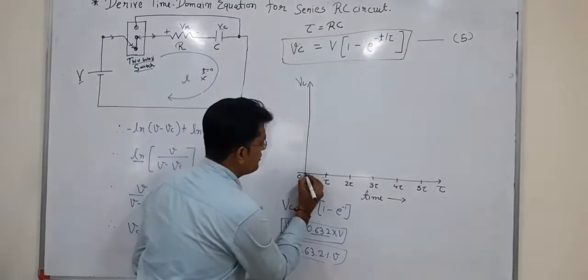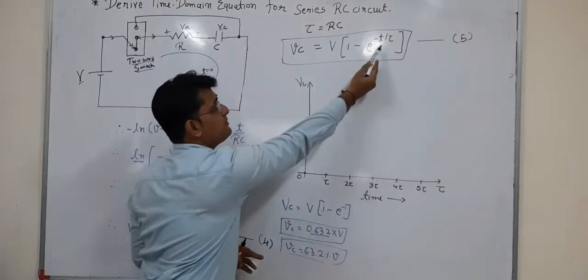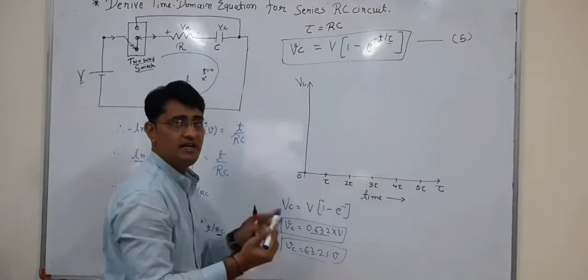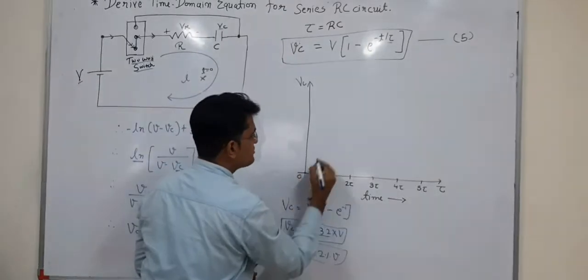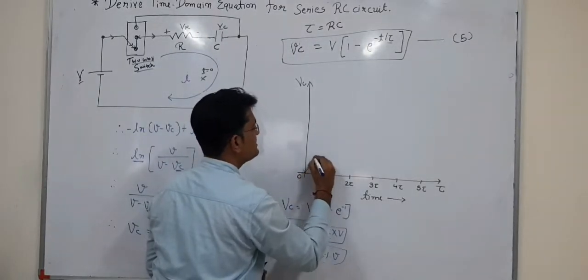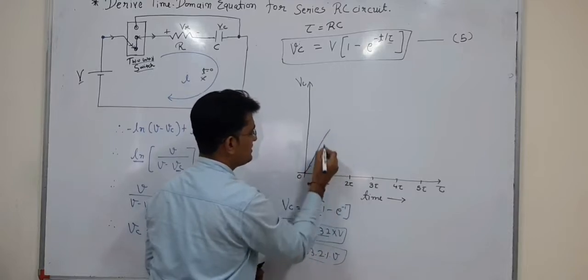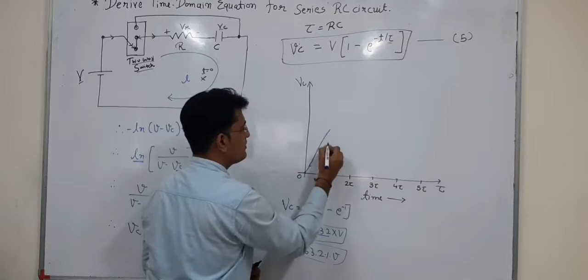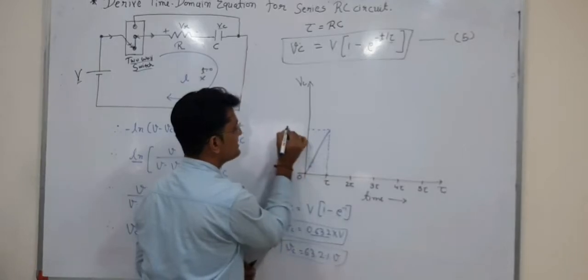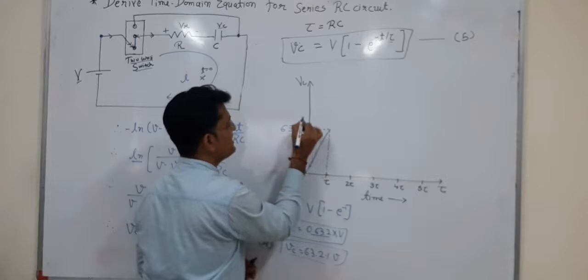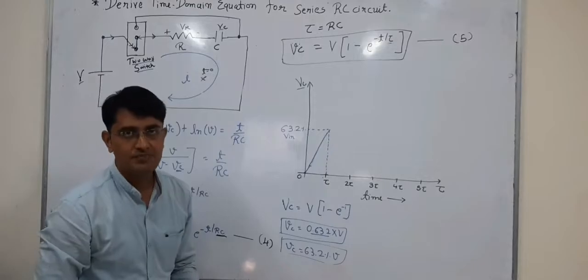If I draw this graph, then at time t is equals to 0, if you put 0 here instead of tau, then you will find that your voltage is 0. Now at time t is equals to tau, the voltage across the capacitor is 63.2% of the maximum voltage V in, right?